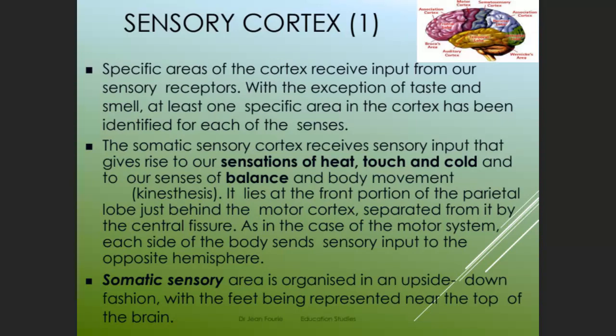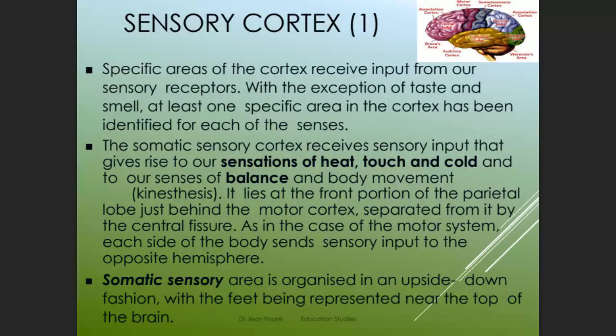The sensory cortex is that specific area of the cortex which receives sensory information from the nerves coming from the eyes, ears, mouth and taste. There is a specific area in the cortex which receives these senses and makes sense of them.